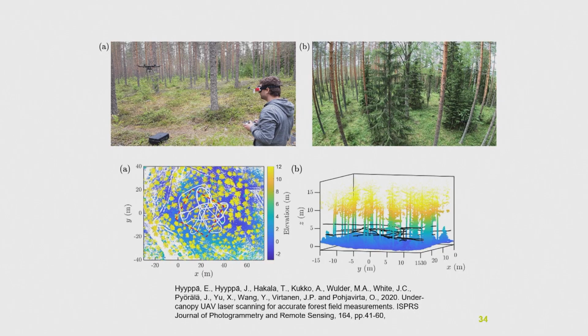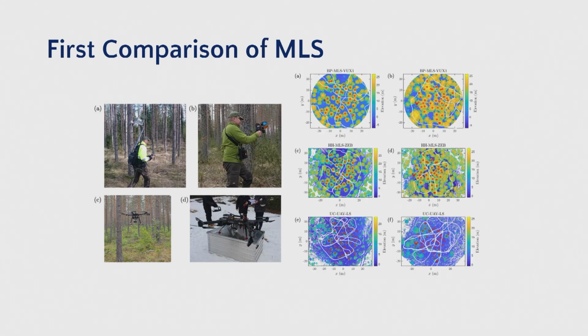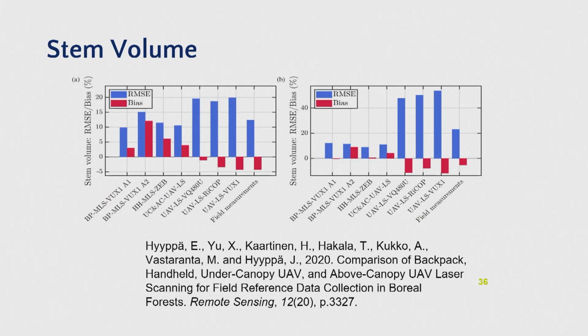Okay, then we started to do testing. We did this with an under canopy drone, and of course we didn't have an under canopy drone, but it was manually assisted in a certain way, and we get the same data that you can get today with an under canopy drone, and we could test the accuracy already in 2019, 2020. Then we compared it with other techniques, handheld and above canopy, and got the first results.